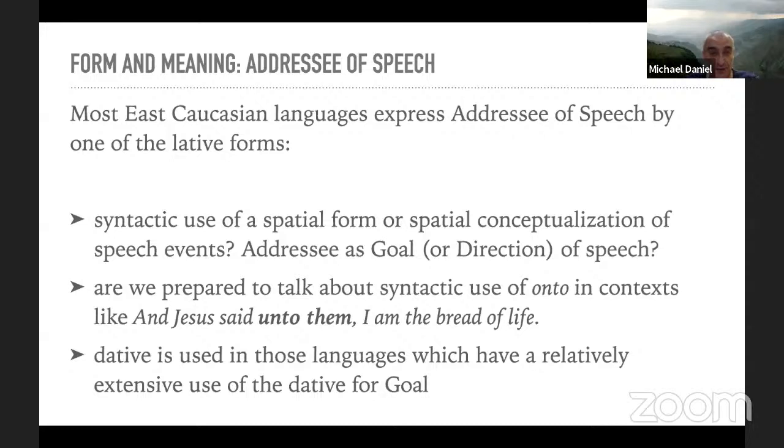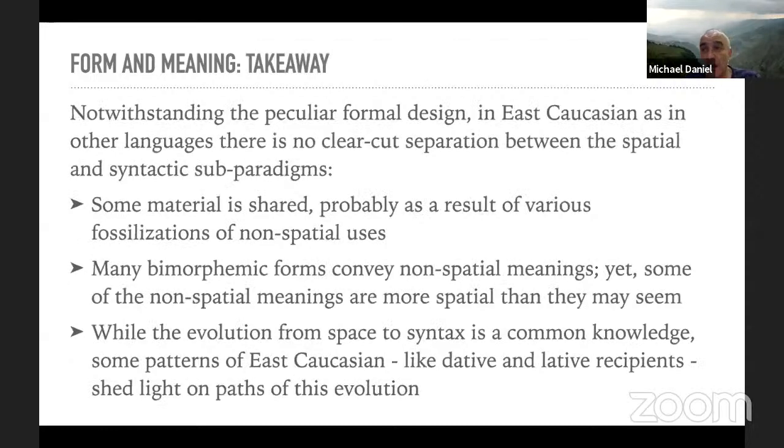Okay, so the takeaway from this part is that, notwithstanding the peculiar formal design that we discussed in the first part of this lecture, in East Caucasian, as in other languages, there is no clear-cut separation between the spatial and syntactic subparadigms. And you see this all over the paradigms.